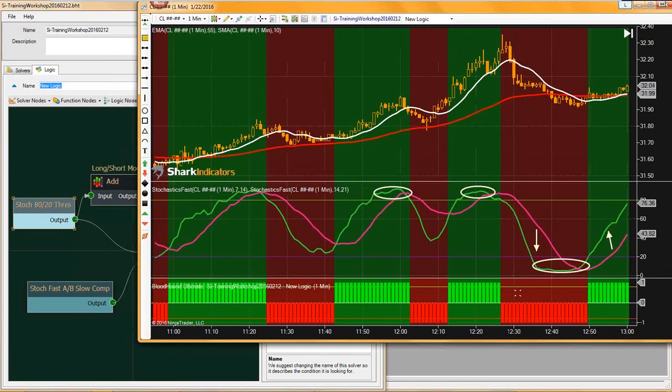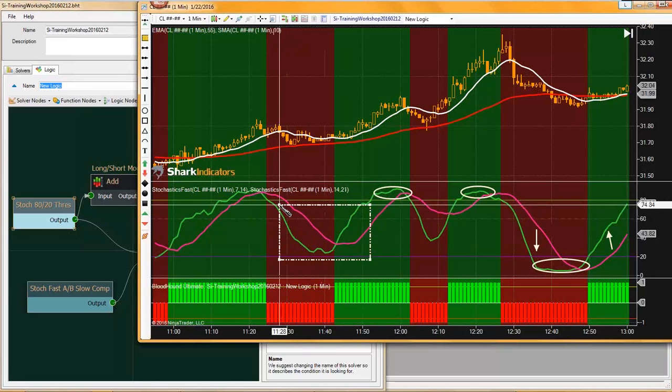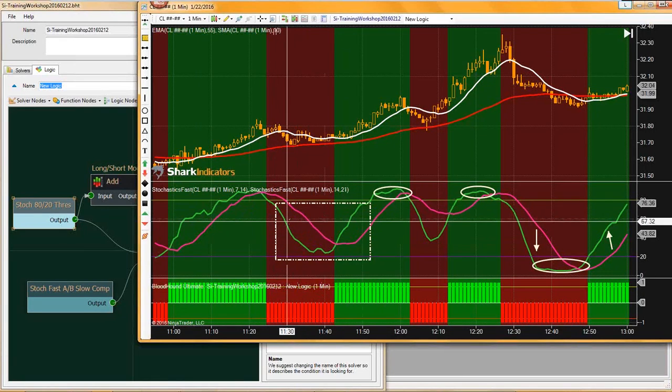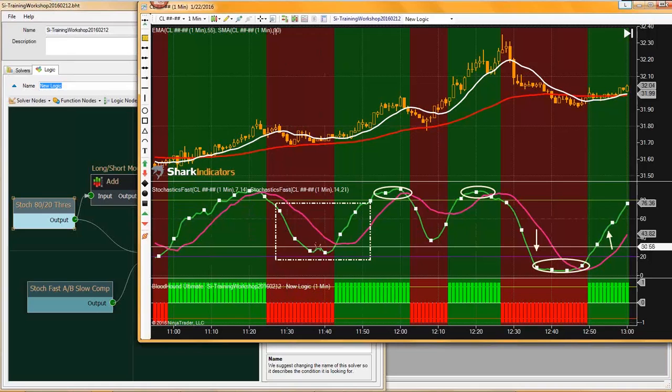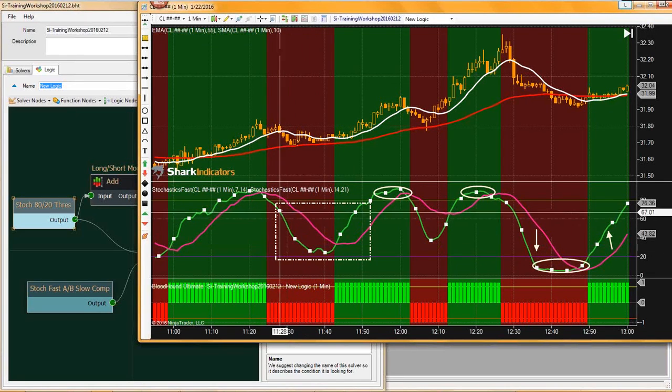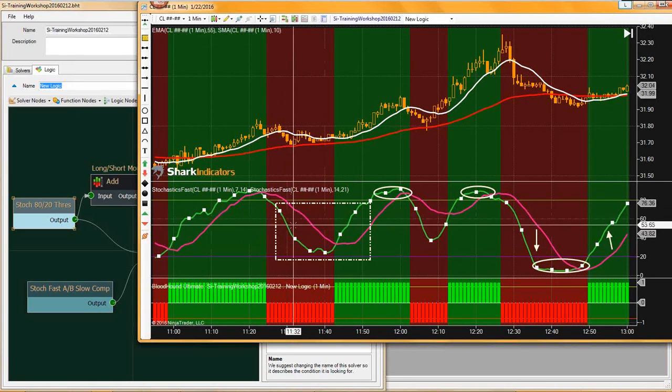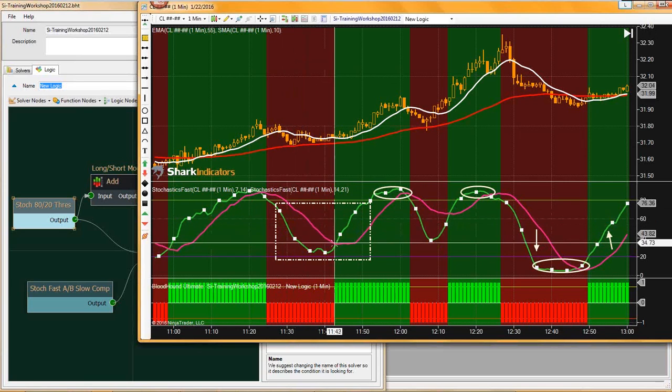We can see on BloodHound there's no overlap anymore. So when the green stochastics is in this no man's land here, we can see condition B is what takes over.